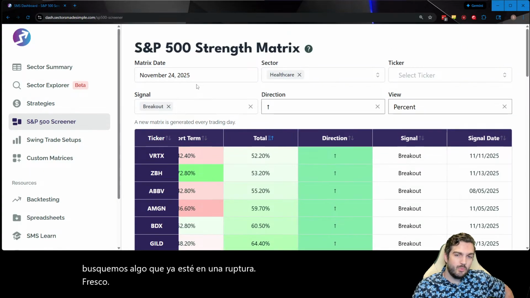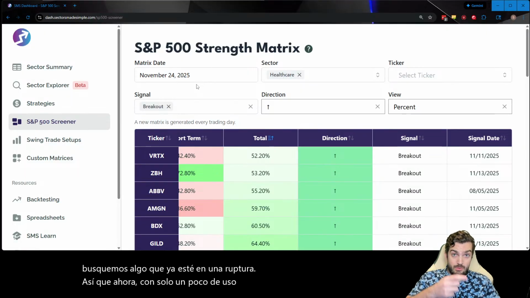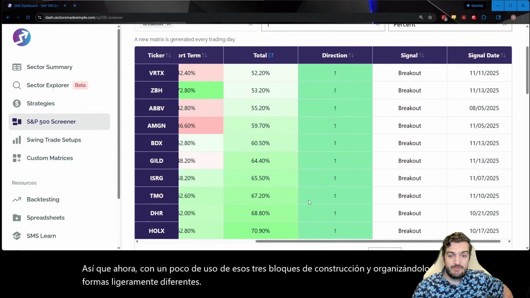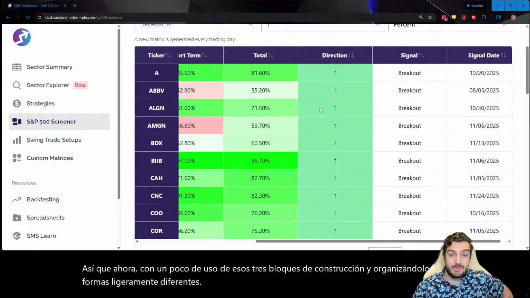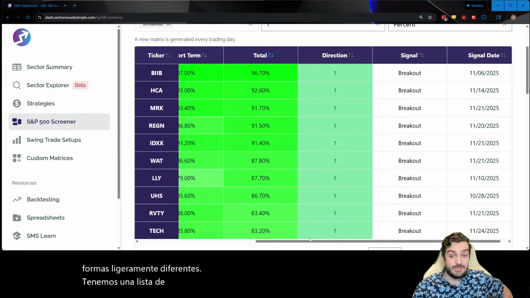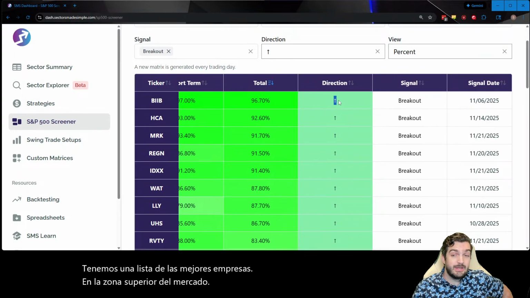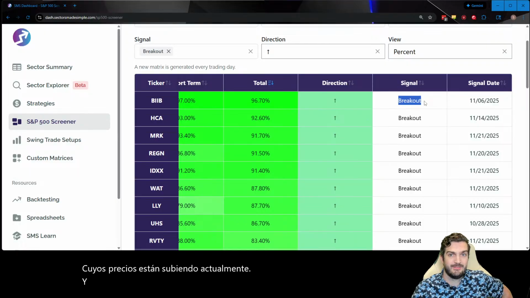So now, with just a little bit of using those three building blocks and organizing them in slightly different ways, we've got a list of the top companies in the top area of the market whose prices are currently going up and are creating new highs.